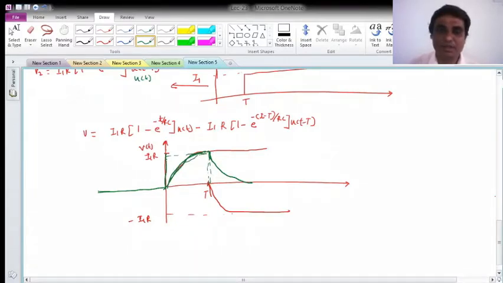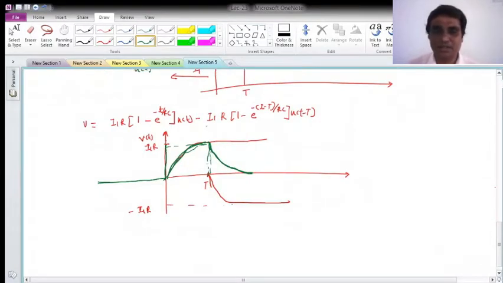After that I remove my energy source, so the charged capacitor discharges in an exponential manner, and this is the reason it comes down this way. In this example we have seen how we can use the linearity property, time invariance and causality.